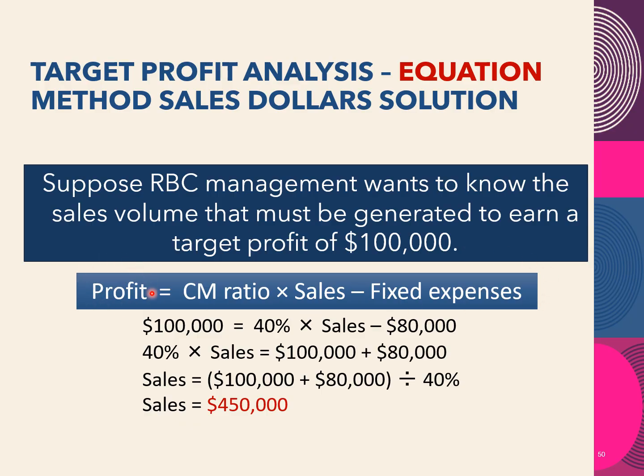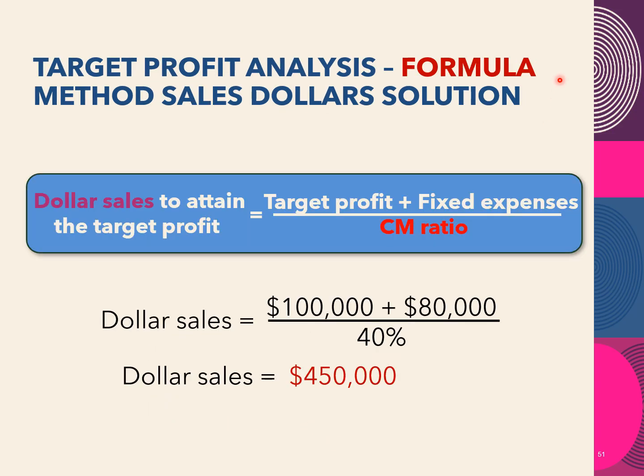You set profit equal to $100,000 and make that equal to the contribution margin ratio, which is 40%, times sales, minus the $80,000 fixed expenses. You will get sales equal to $450,000. We can also use the formula method.